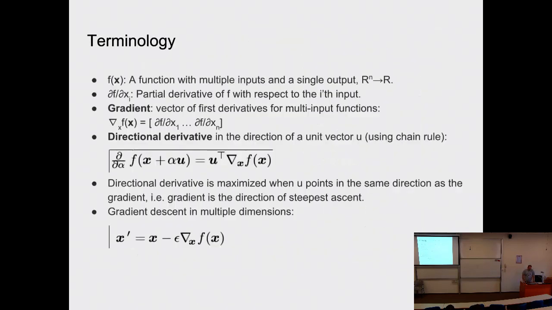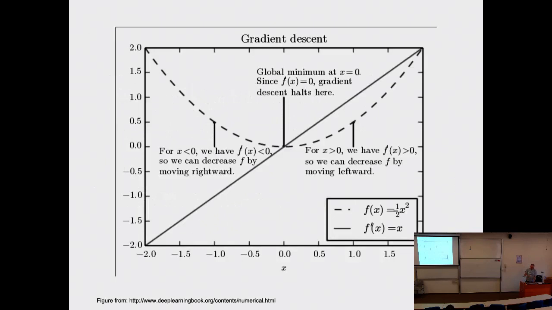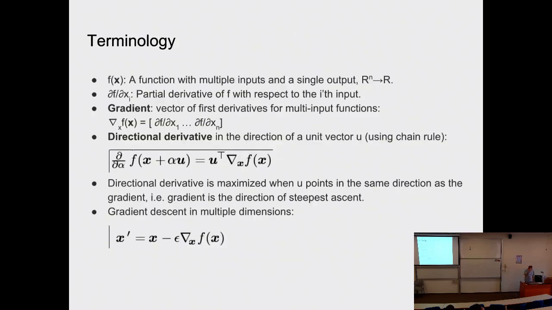Okay, so now, all of these were for scalar functions. x was a number in the last two slides. Now let's make x a vector. I represent the vector here with a bold letter. So this represents a function with multiple inputs and a single output, so we go from R^n to R. That makes the derivative notion a bit more complicated.